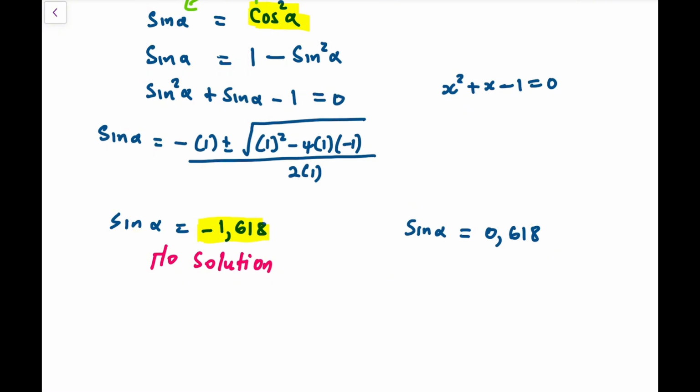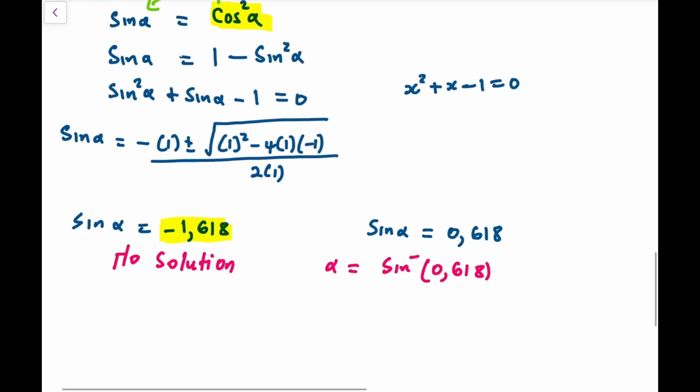So we are going to have alpha is equal to arc sine of 0,618, and then plus k multiplied by 360, where k is an element of integers.